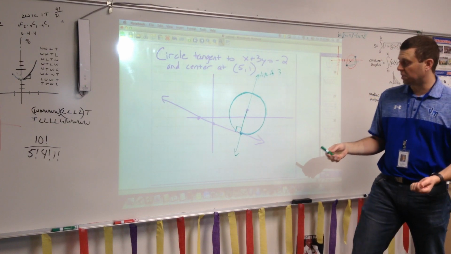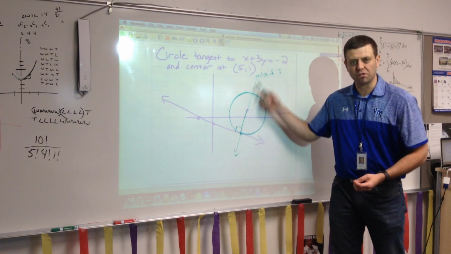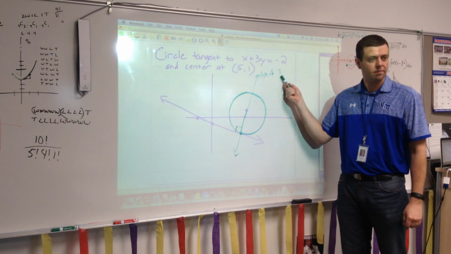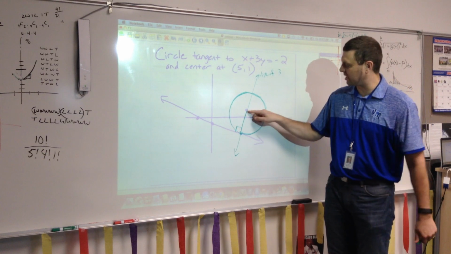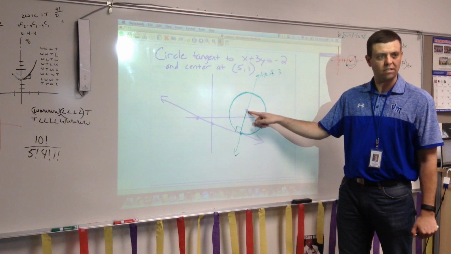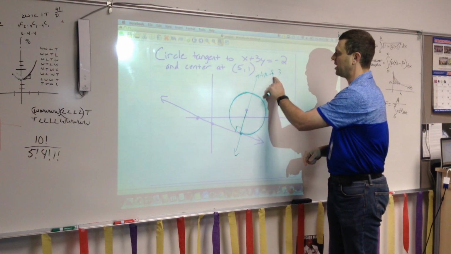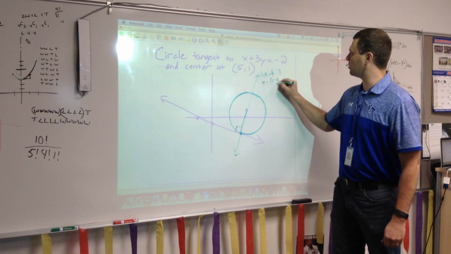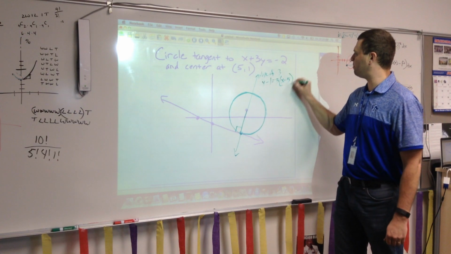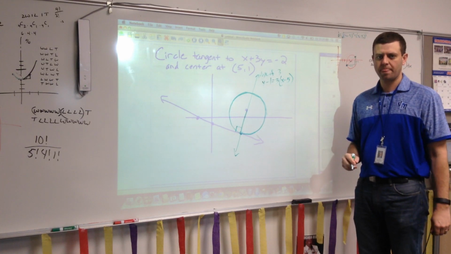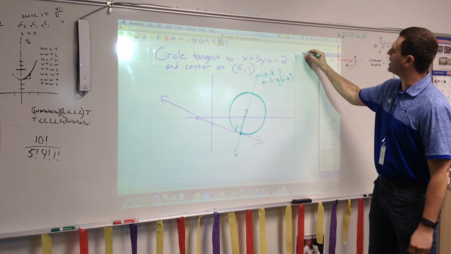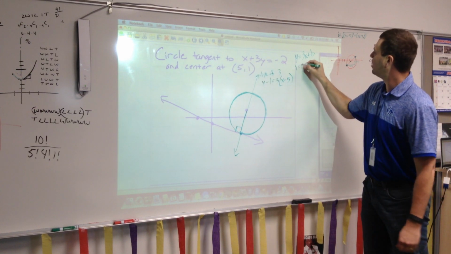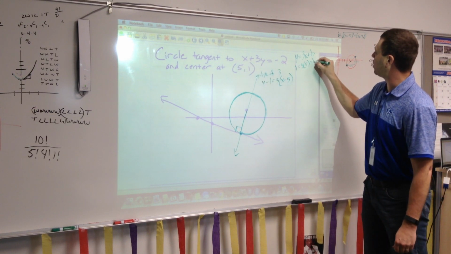So what I'm going to do is find the equation of this line. Well, I know the slope is 3, and I know it has to hit the center, right? So it passes through this point and has a slope of 3. How about y minus 1 equals 3 times (x minus 5), point-slope form? Or how about y equals 3x plus b, plug this in for x, plug that in for y, and solve for b?